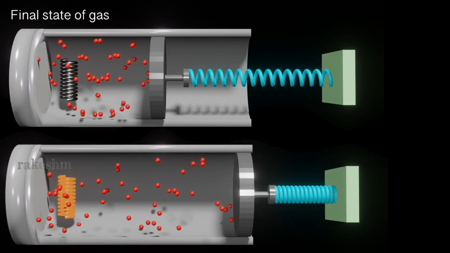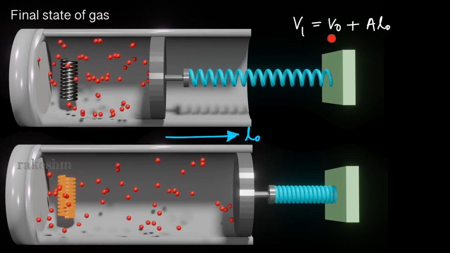Next, let's have a look at the final volume of the gas. Initially this was the volume of the gas and finally it has expanded to this much. So we can say the final volume equals the initial volume plus this extra volume which it has expanded. Let us say V1 is the final volume.